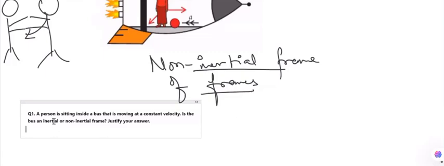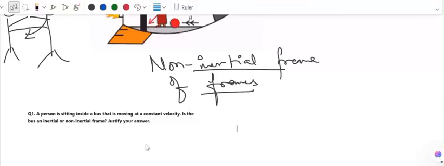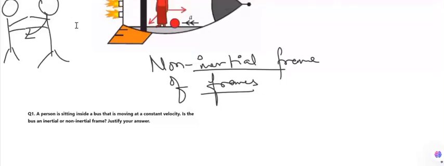Akshita, check this question. Can you see this? It is related to inertial and non-inertial. A person is sitting inside a bus that is moving at a constant velocity. Is the bus an inertial or a non-inertial frame of reference?